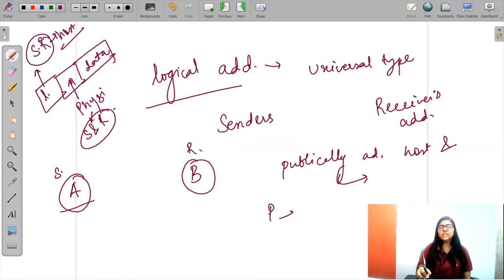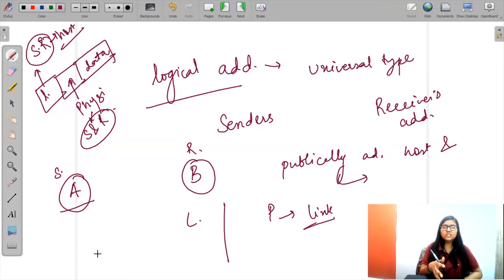Physical addressing is basically the link addresses and it keeps changing from one hop to the next, while logical addresses remain the same throughout the journey because they are the addresses of the sender host and the receiver host.